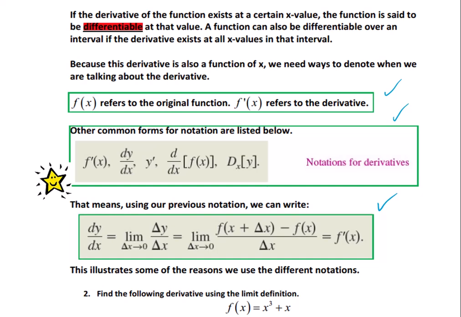Dy dx is the same as the limit as delta x approaches 0 of the change in y over the change in x, which is the same as the limit as delta x approaches 0 of this thing that looks like the difference quotient, which is also the same as f prime of x. Bunch of different things that mean the same thing. So on different problems we might have to mix and match a little bit.